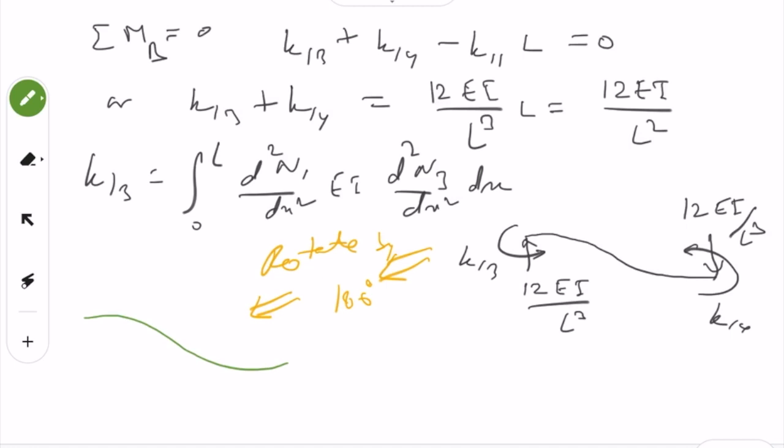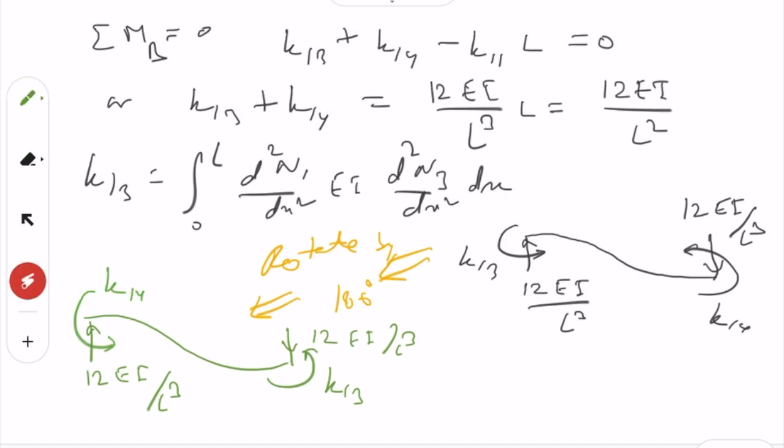We will have 12 EI over L cube here and 12 EI over L cube here, and then here you have K13 and here you have K14. Because if you rotate it, anticlockwise will remain anticlockwise, but K14 will come here and K13 will come here.